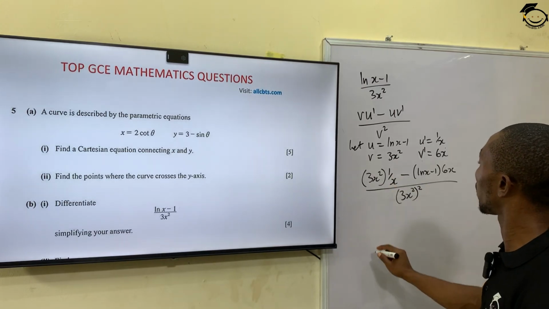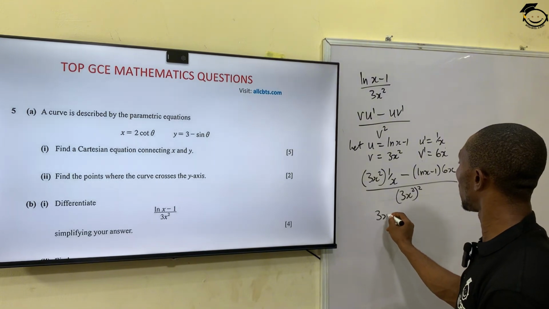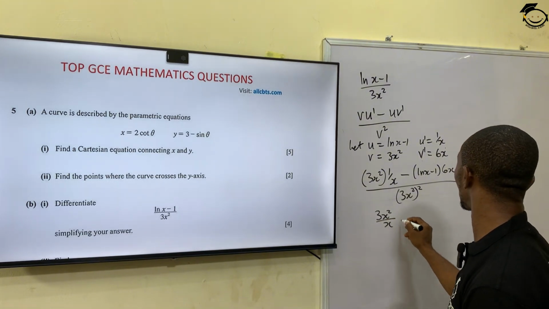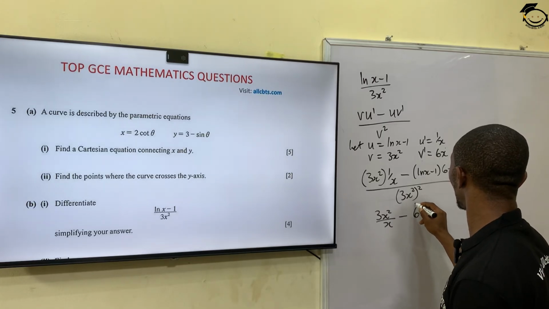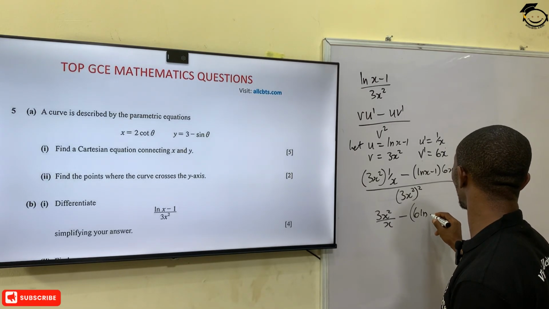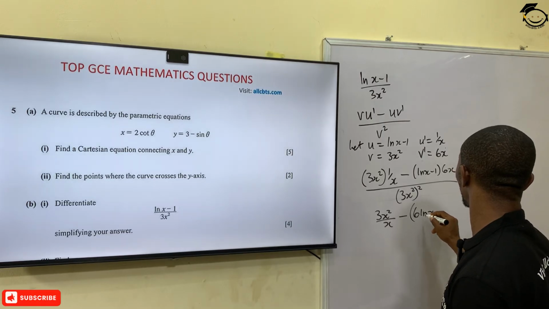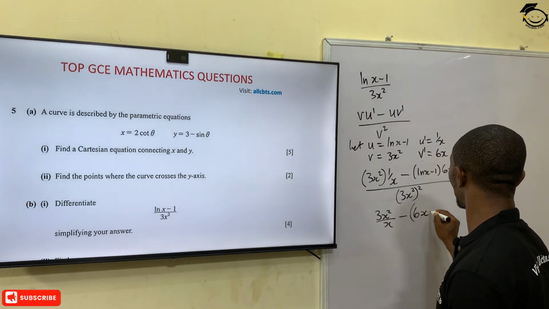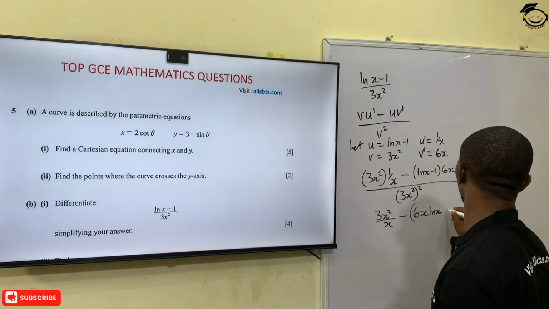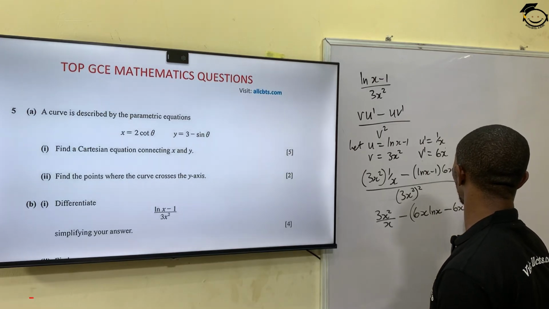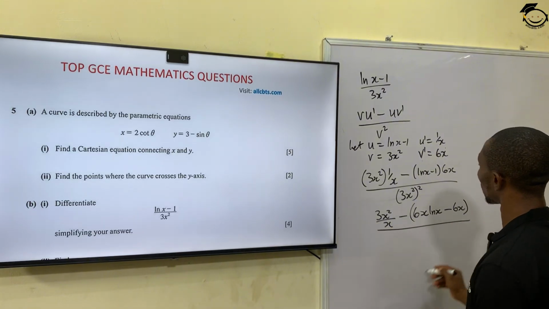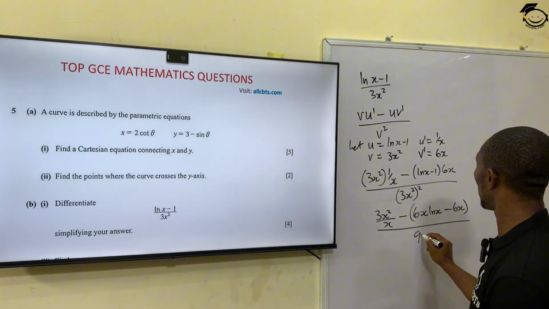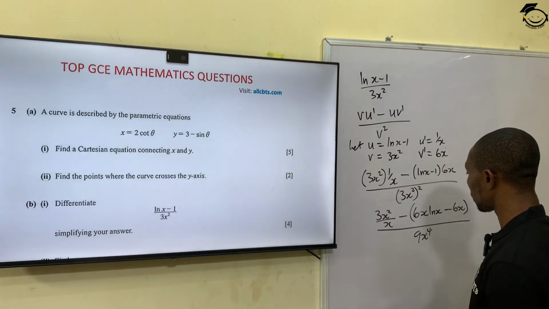Now, expanding our bracket, we have 3x squared over x minus 6x in x, minus 6x. All right, all over 9x raised to the power 4.